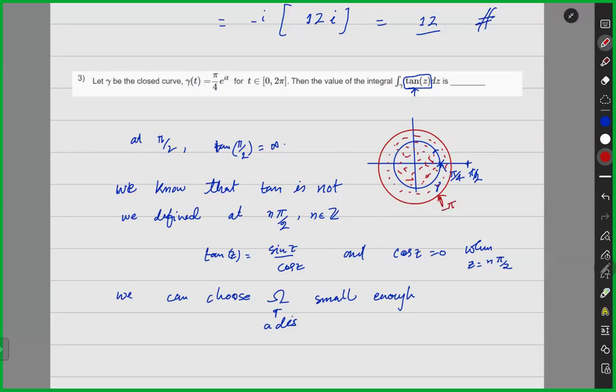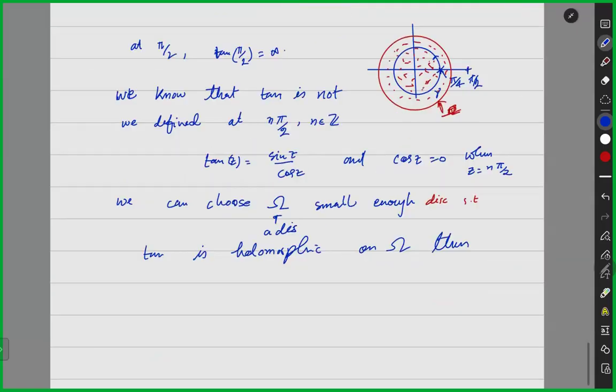Sorry, omega is a small enough disk such that tan is holomorphic on omega, then we can use Cauchy theorem.